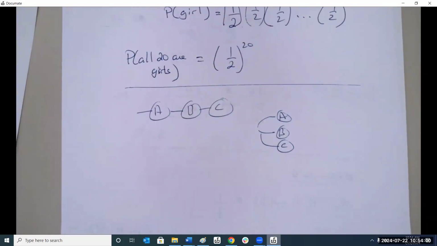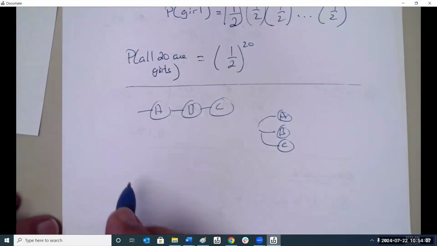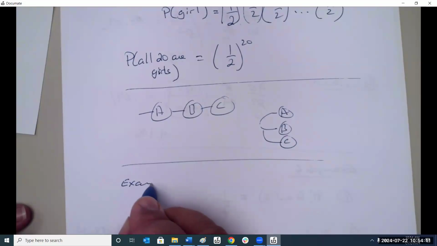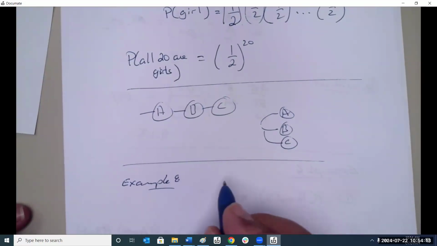So redundancy is where you have more systems backing up to make sure it works together. Example 8.